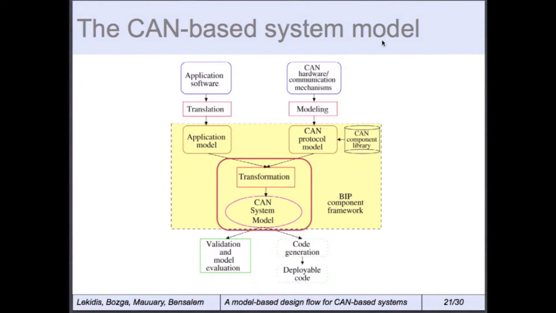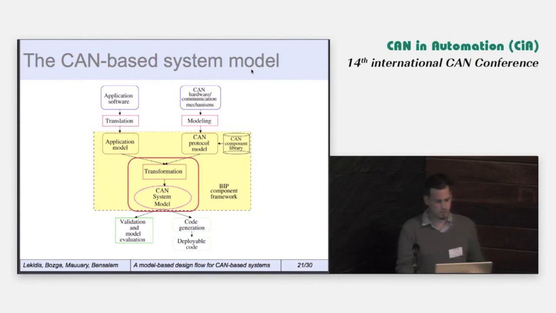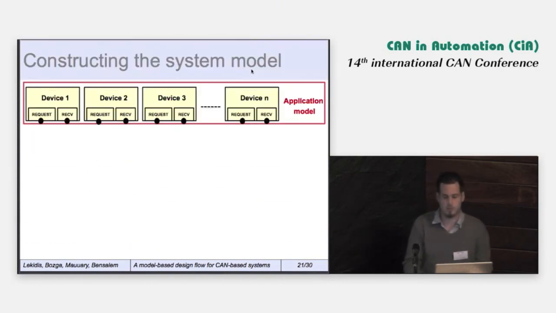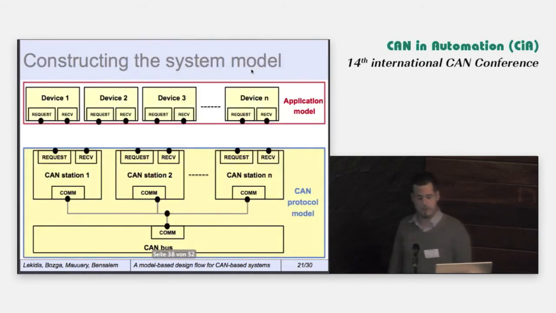So finally, maybe you were not interested in this, but I come to the point of how I use these separated models with the transformation tool to construct the system model. As I explained before, I have a set of devices in the application model. I have the library of the CAN, which is the protocol model.